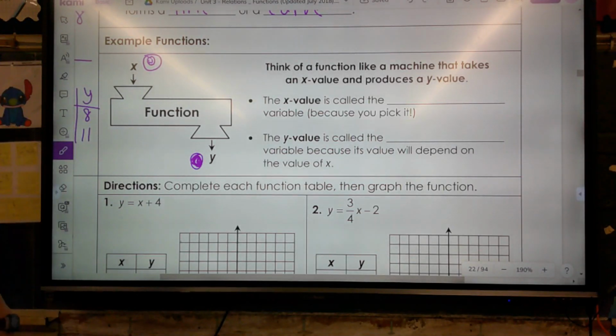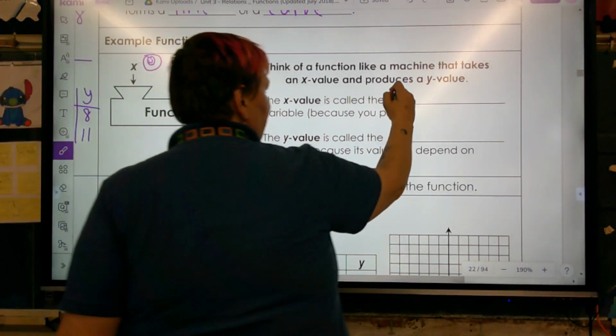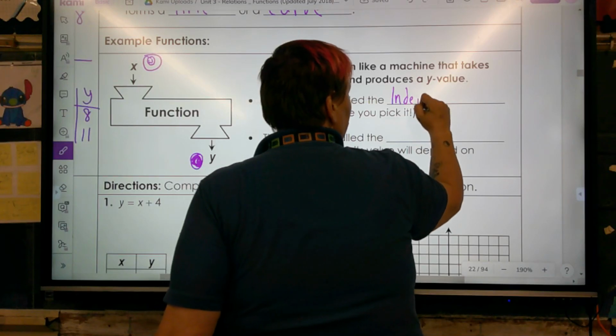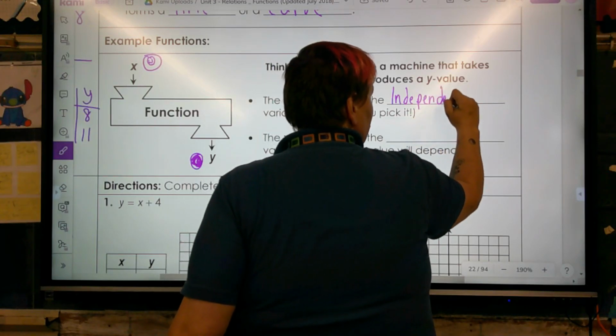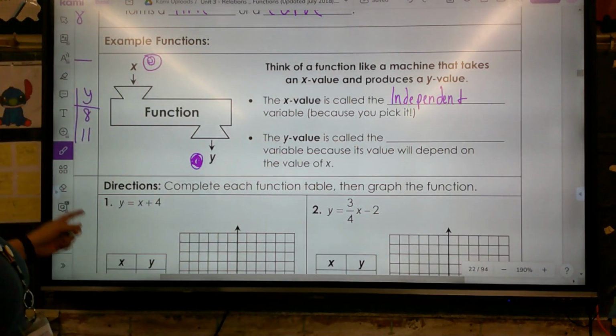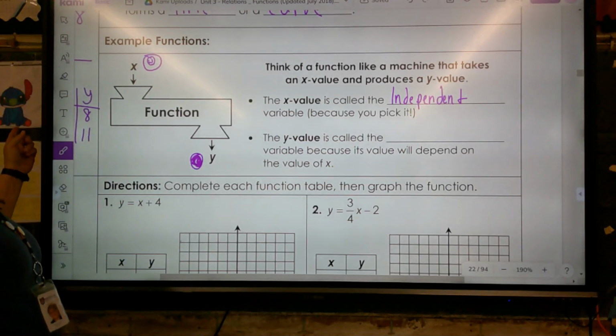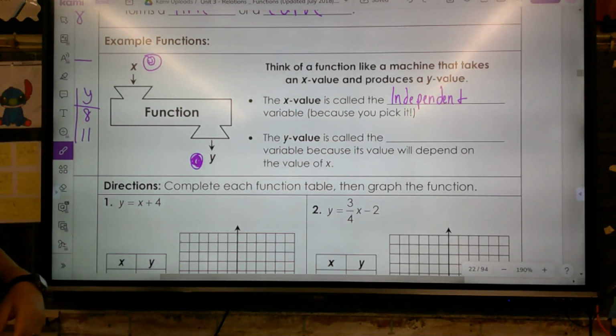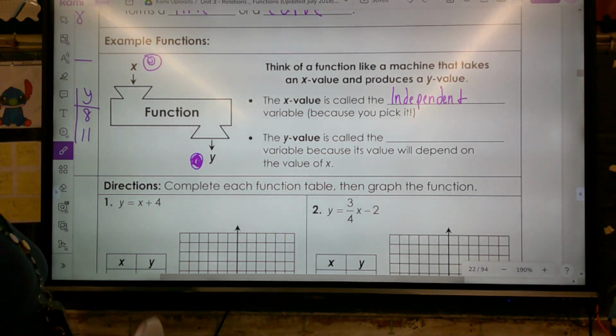The x value is called the independent variable because you pick it. Over here I picked my x value to be 3 and 6. It's independent because I chose it.